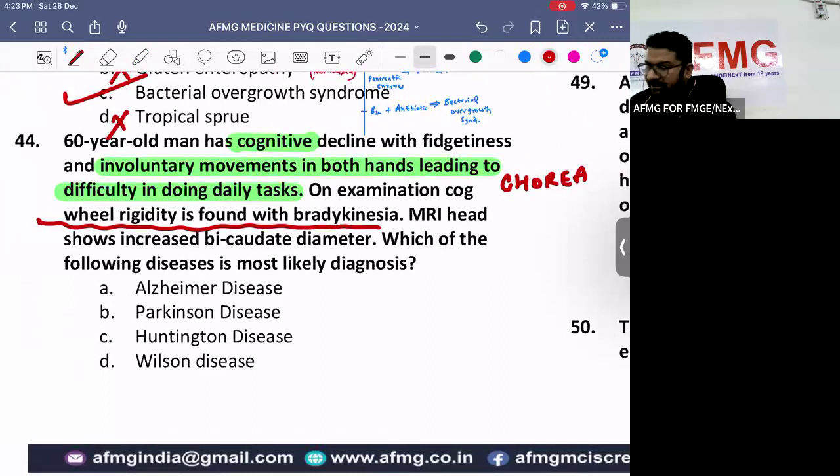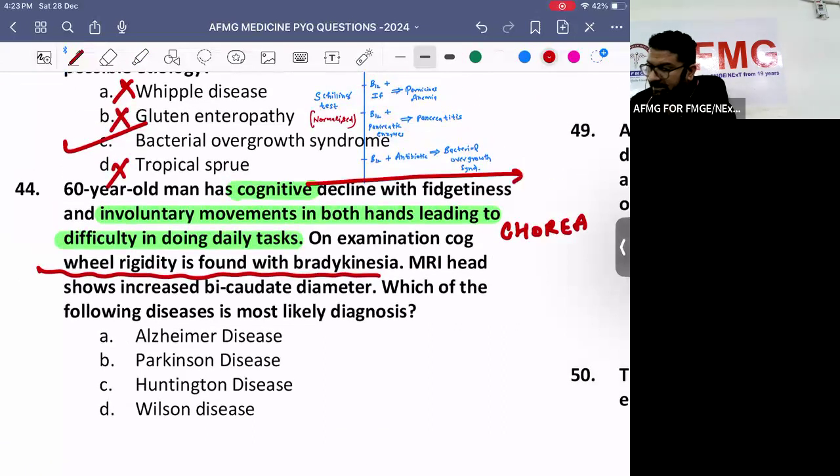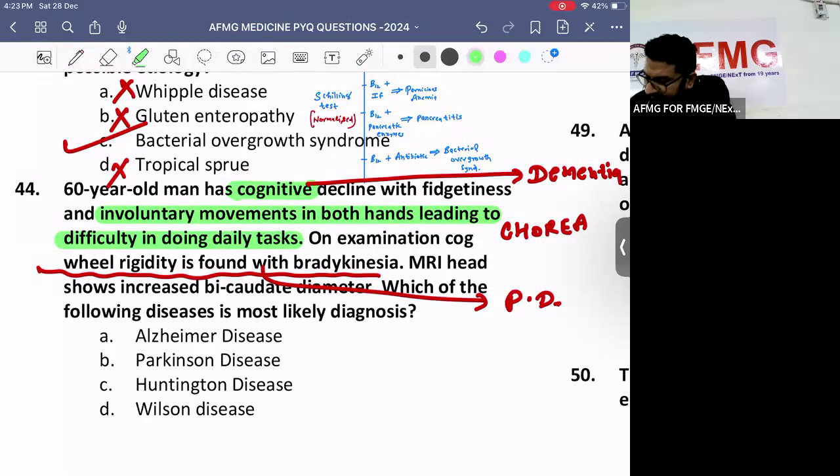So on one side there are chorea features, here the feature of dementia, and here the feature of Parkinson. So the patient is having features of Parkinson, Alzheimer as well as chorea. But now you can see MRI is having increased bicaudate diameter.